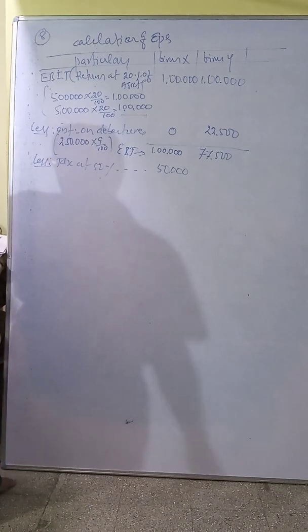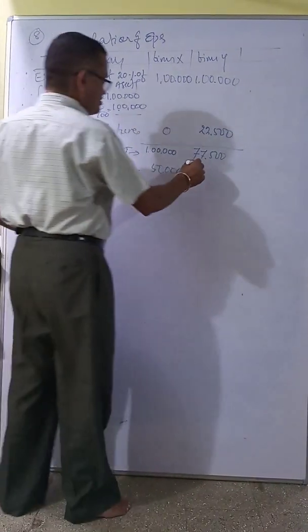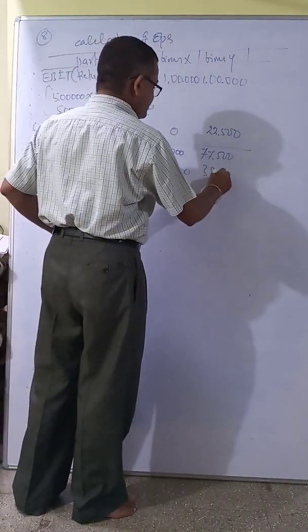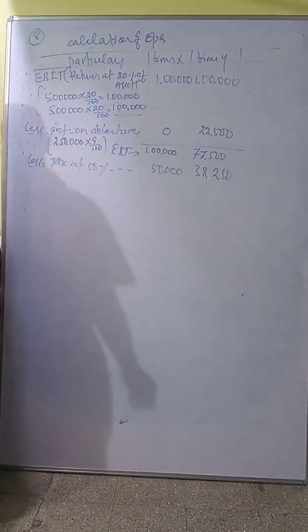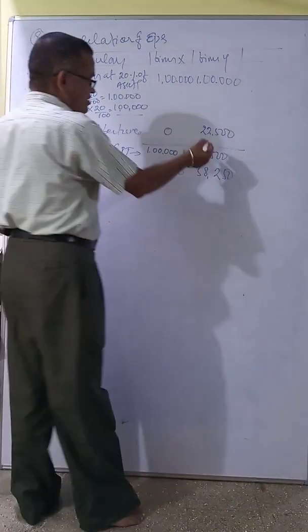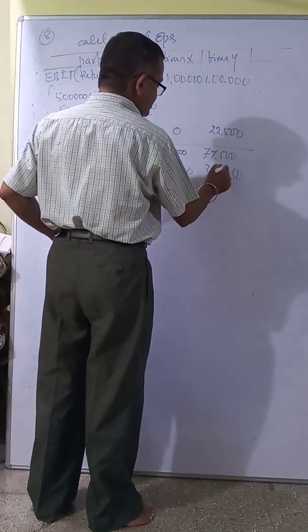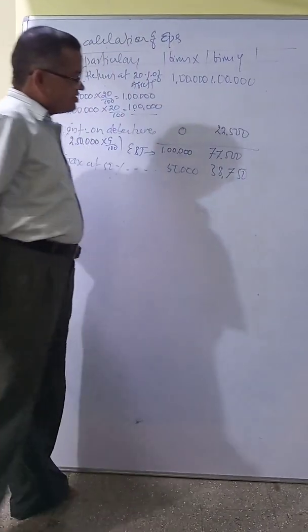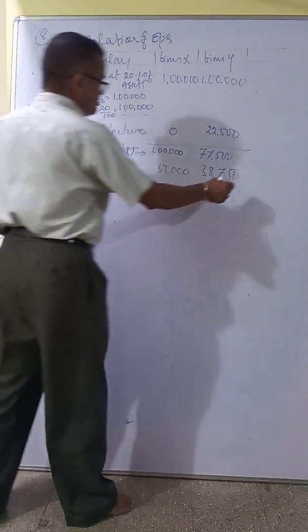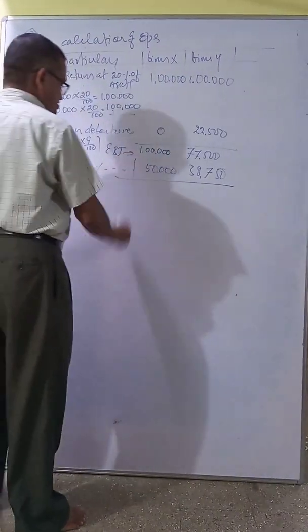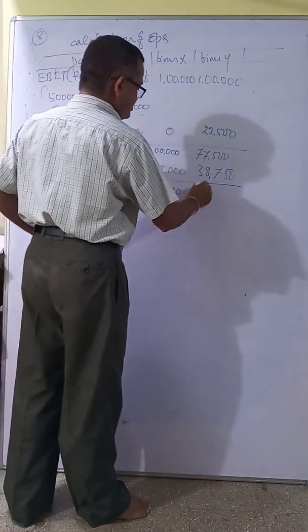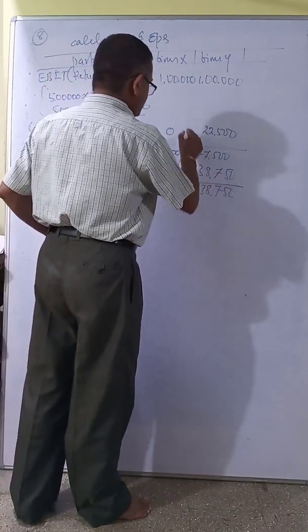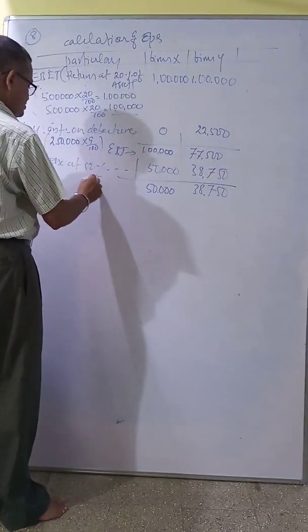For Y, 77,500 into 50 divided by 100, you get 38,750. This is called EAT.